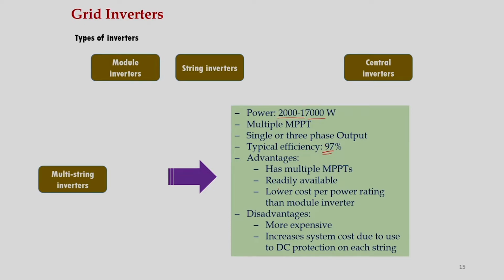Advantages include that it has multiple MPPTs, so it is more precise, it is readily available, and most importantly it has lower cost per power rating than module inverters. Disadvantages are that it is more expensive and increases system cost due to the use of DC protection on each string.